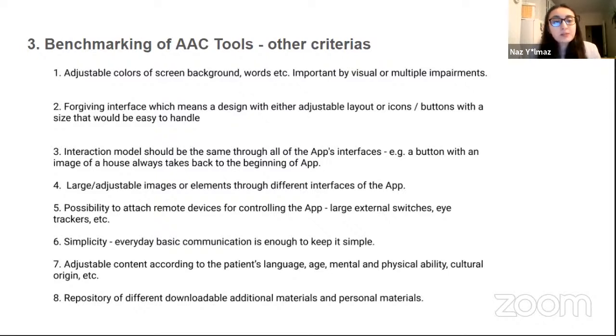Fifth one, possibility to attach remote devices for controlling the app, large external switches, eye trackers, etc. Sixth one is simplicity. Everyday basic communication is enough, so we keep it simple and start from there. Seventh one, adjustable content according to patient language, age, mental and physical ability, cultural origin, etc. Eighth one, repository of different downloadable additional materials, and also the personal materials.